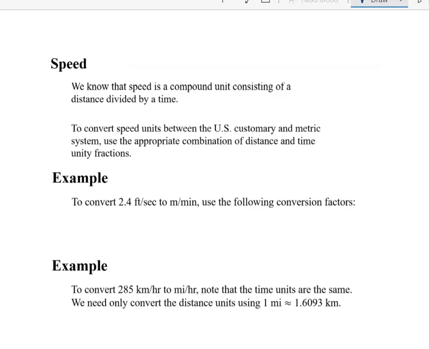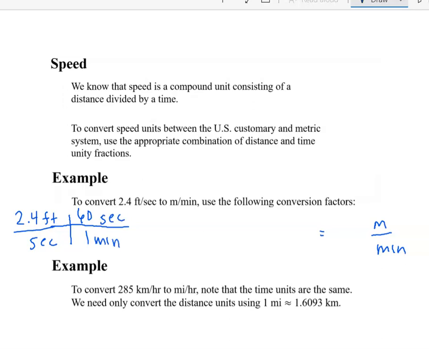So it says to convert 2.4 feet per second to meters per second, or meters per minute. Okay, let's start with our seconds. I can get seconds to minutes by saying there are 60 seconds in 1 minute. So that took care of that. Now I need to get my feet to meters. So how many feet are in 1 meter?